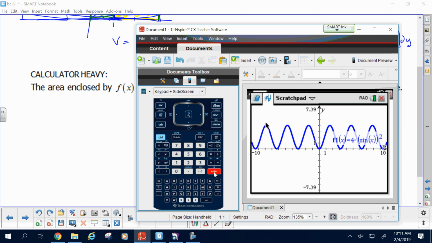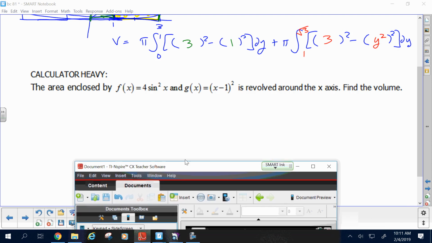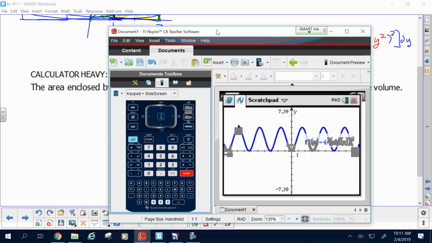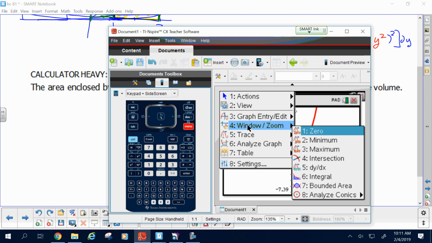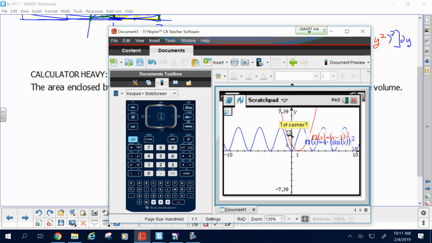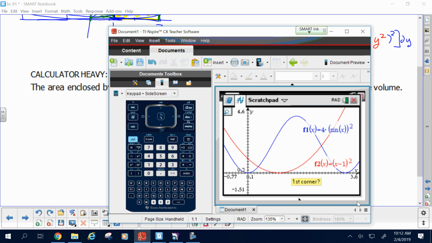And what was the other one? x minus 1. Okay, so you have a region enclosed there. I might tweak my window a little bit. Okay, something like that, yeah?